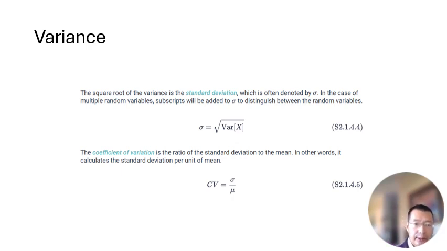Coefficient of variation is just the ratio of the standard deviation to the mean. In other words, it calculates the standard deviation per unit of mean. Basically, it's omega over mu. These two concepts should be simple to understand.